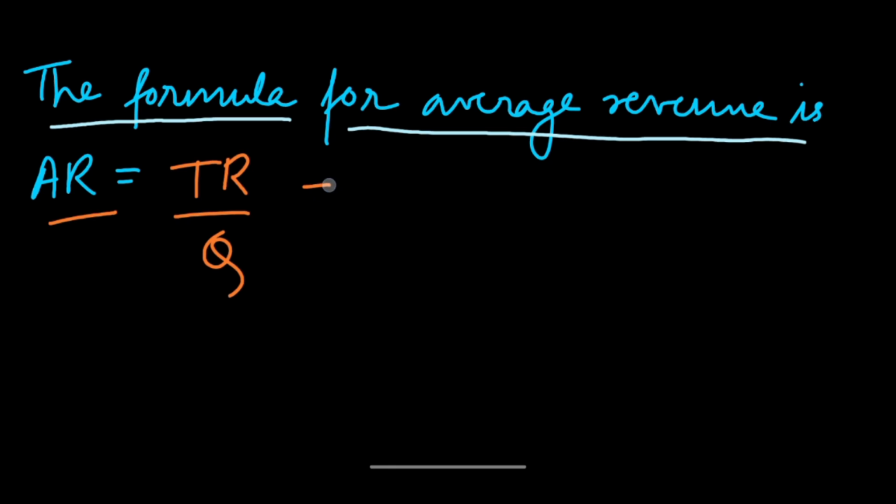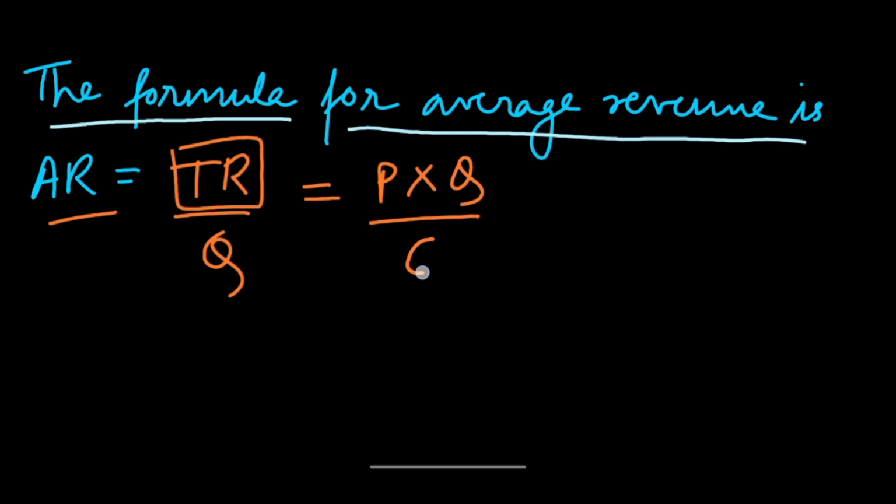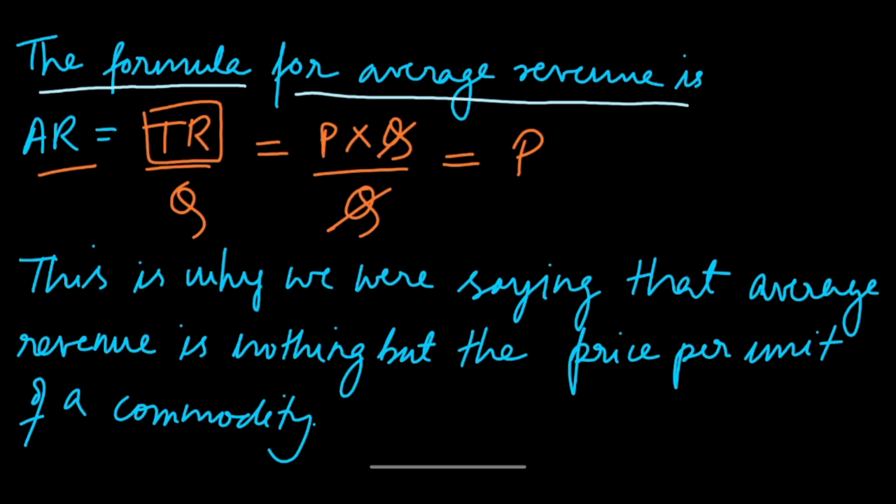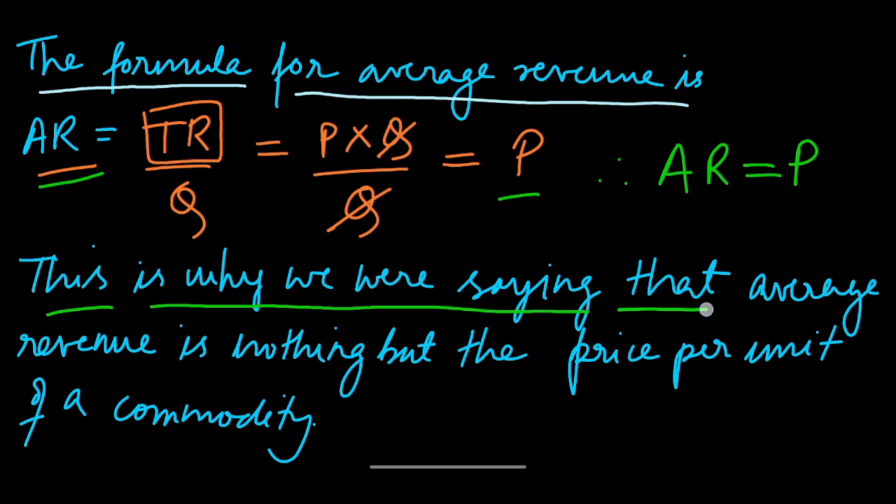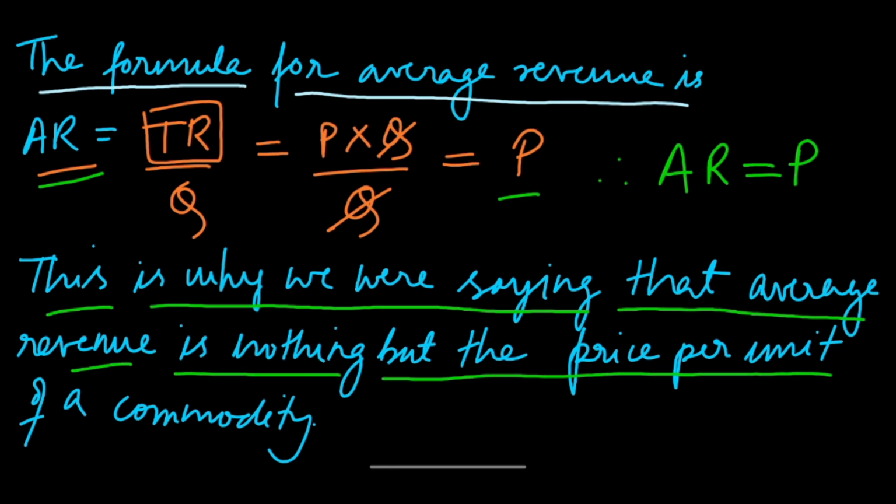Now we will break TR, which gives us P times Q divided by Q. Cancelling both the Q's gives us P. Therefore, we can say that AR equals P. This is why we said that average revenue is nothing but the price per unit of a commodity.